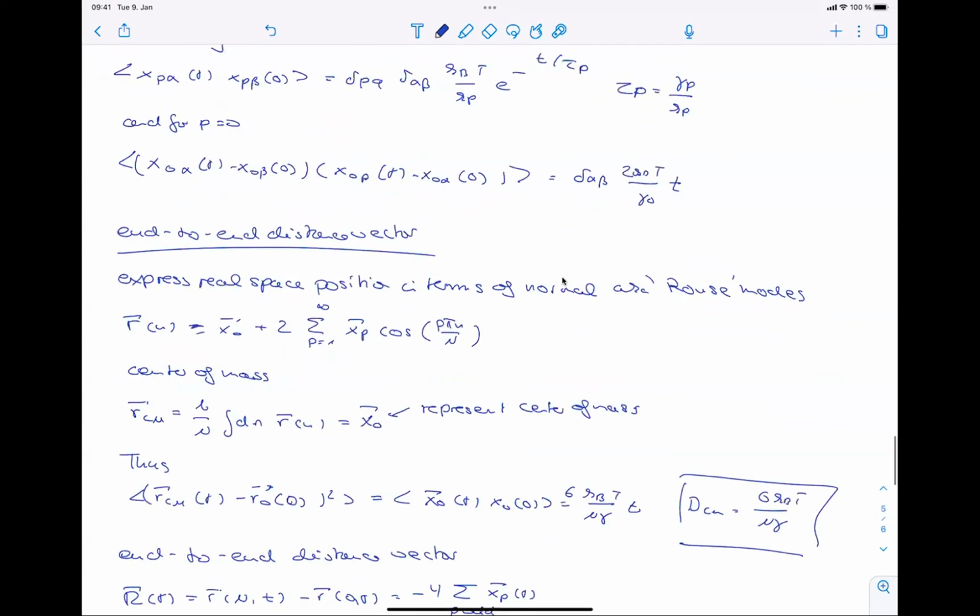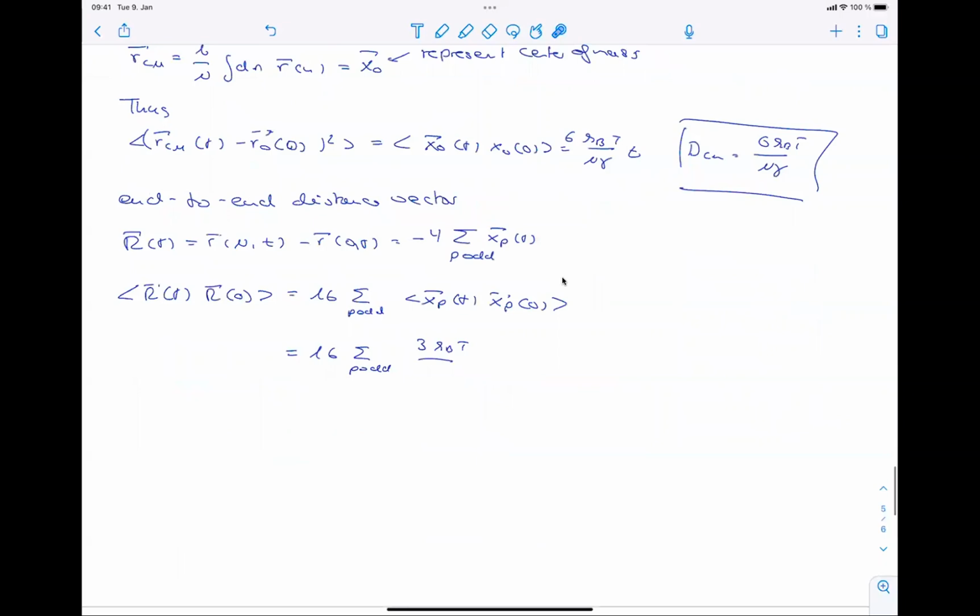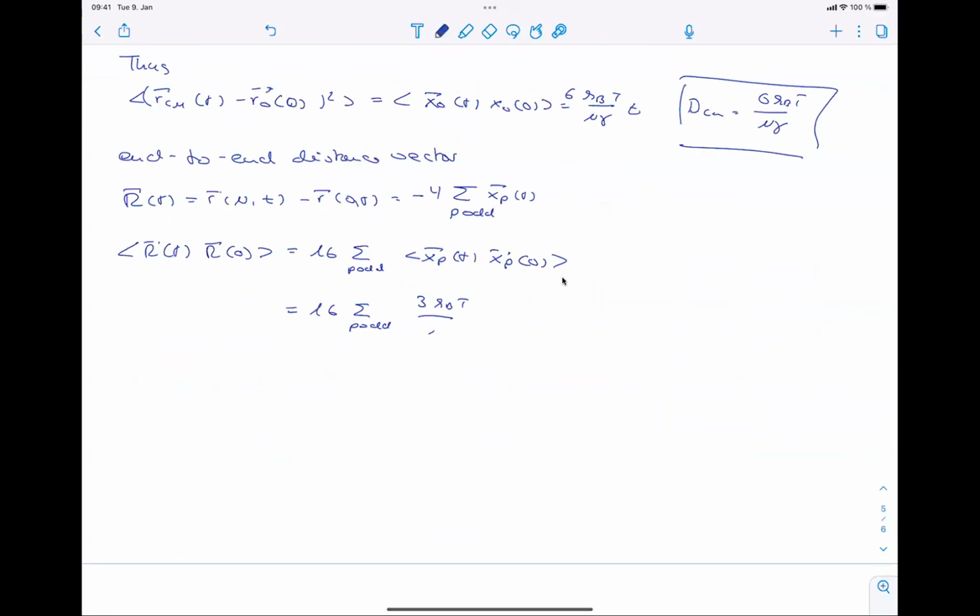inserting this here, kp, this exponential decay, where remember we had kp being this longer expression with pi squared, and b squared scaling with p squared, and tau p was 2 gamma n gamma p over kp.